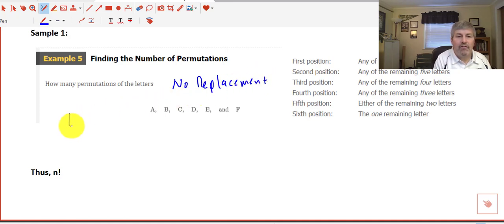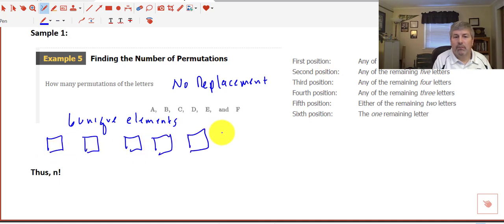And here we have 6 unique elements in our set. If I set up 6 boxes for our elements to be placed in, in our first box there are 6 choices. So we could choose an A, B, C, D, E, or an F.